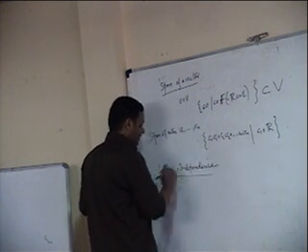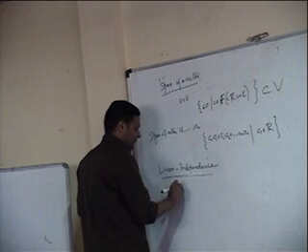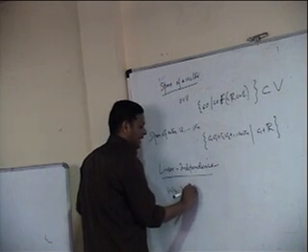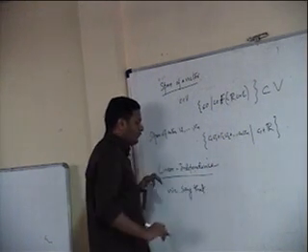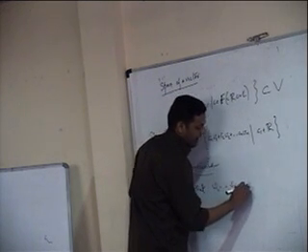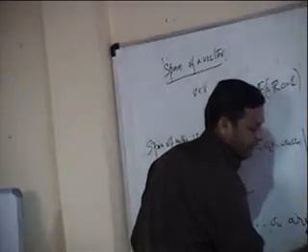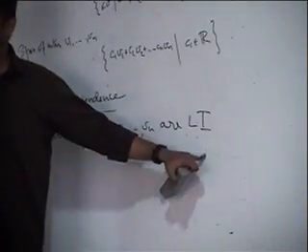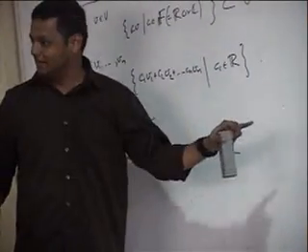We say that v1 to vn are linearly independent. From here I will just write LI. Every time I won't write linearly independent.